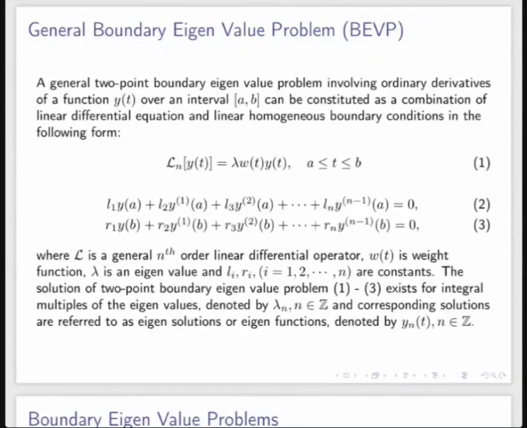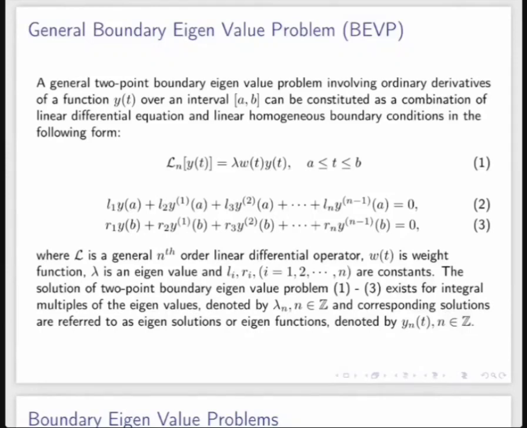And you can also bring in the weight function and change that weight function according to the problem on hand. These problems in general are known as Sturm-Liouville problems in mathematics. Equations 2 and 3 represent general boundary conditions, and equation 2 gives the left boundary conditions.